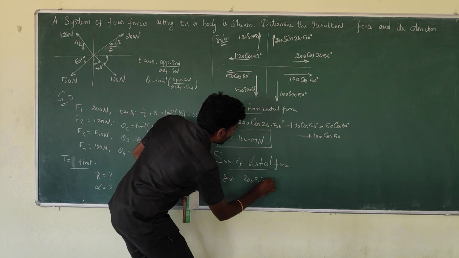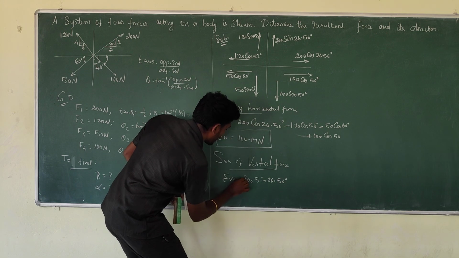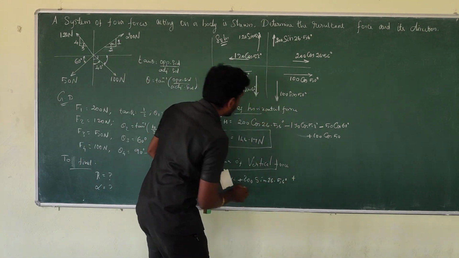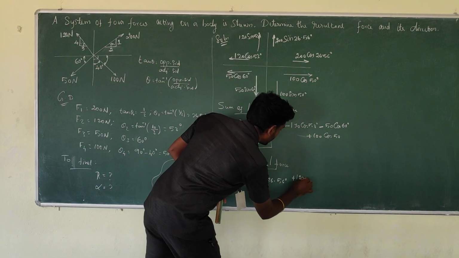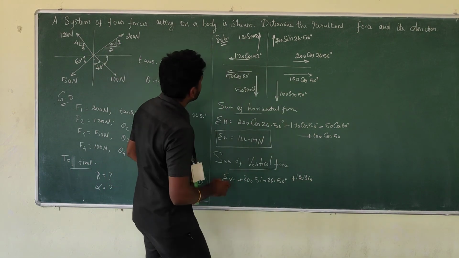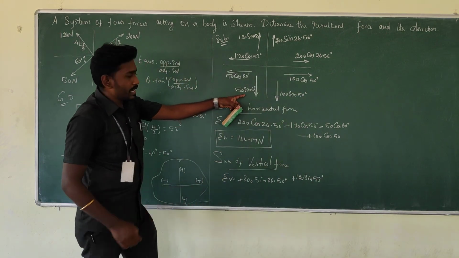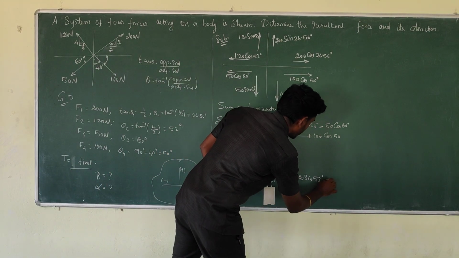So here, 200 sine 26.56 degree, which is moving up, so it's a positive. And then next one which is moving up, so it is a positive one. 120 sine 53 degree. Similarly here 50 sine 60 degree force is there.